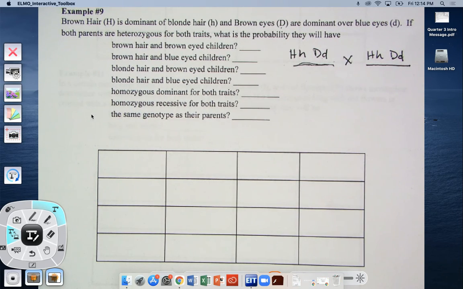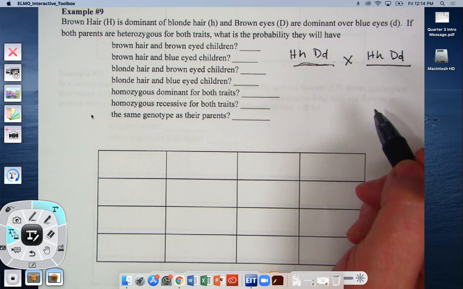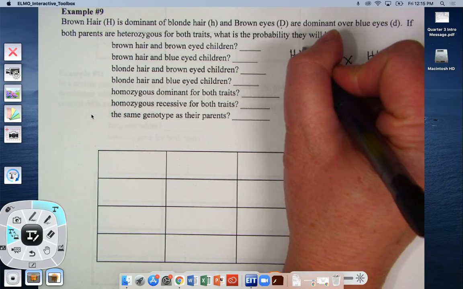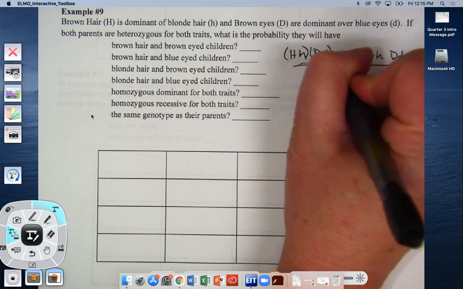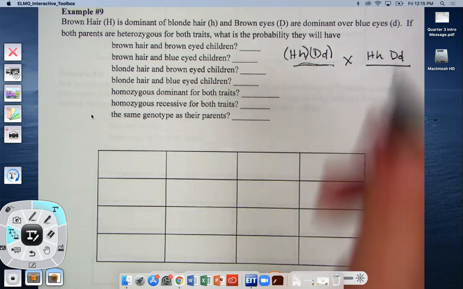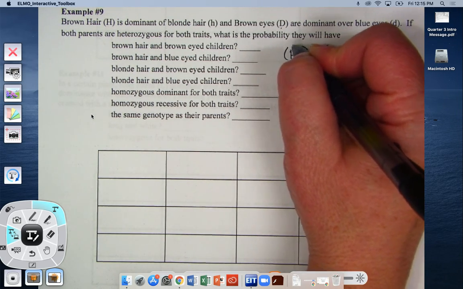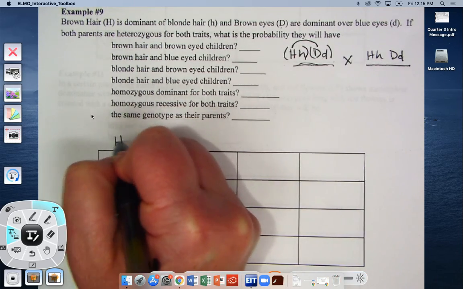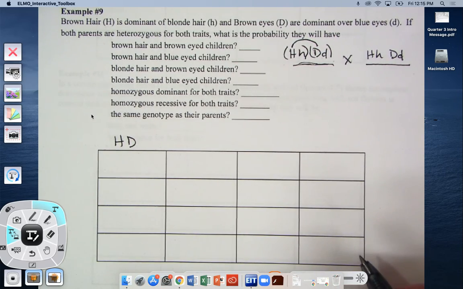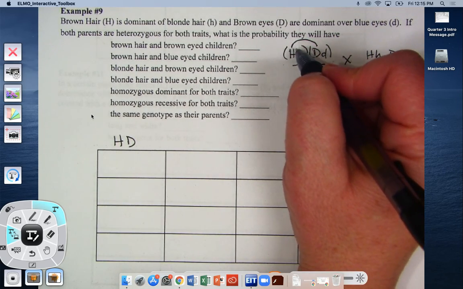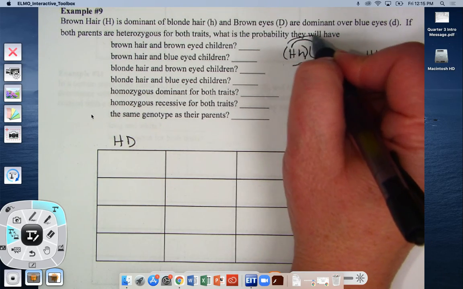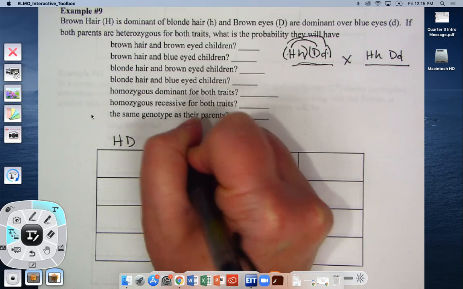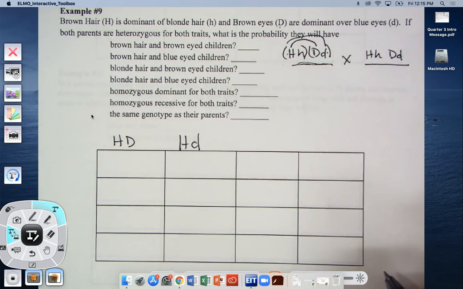The way you would do this is what I do is FOIL from math class. And if you remember FOIL from math class, you have the parentheses. FOIL is first, so the first one in the parentheses. So that would be capital H, capital D. And then outside, the two outside ones, which is capital H, lowercase d.